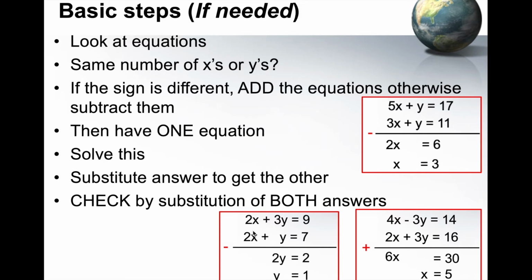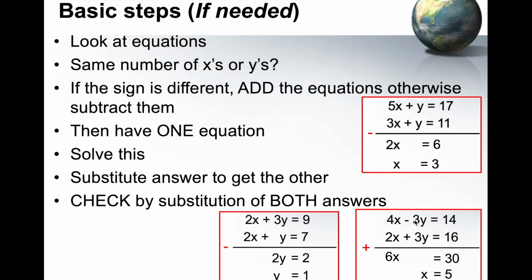The next step, if the sign is different, then you add, like this one over here. Both equations have 3y, but the top one has a negative sign and the bottom one has a positive sign.